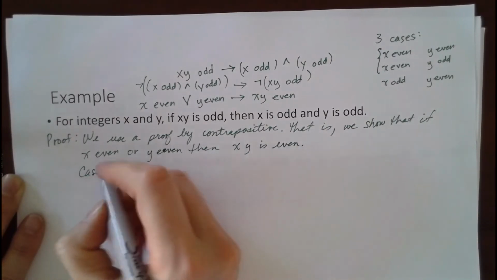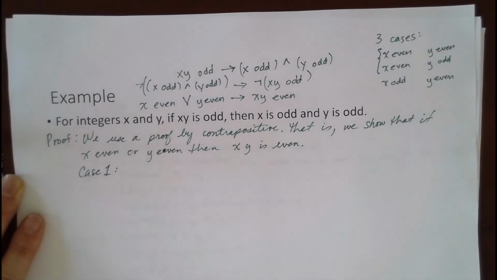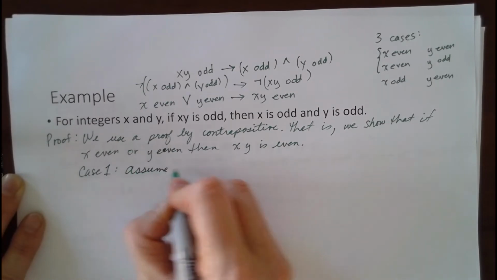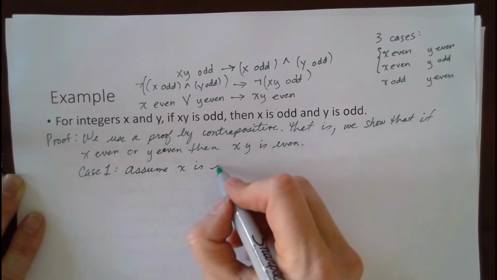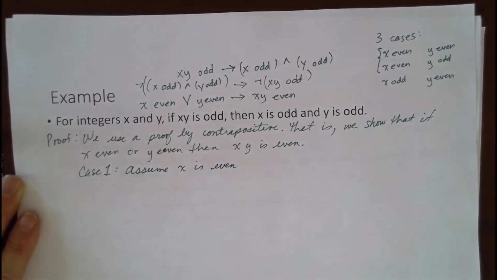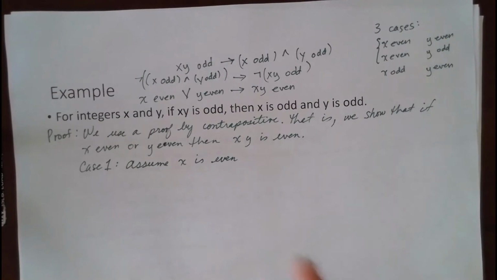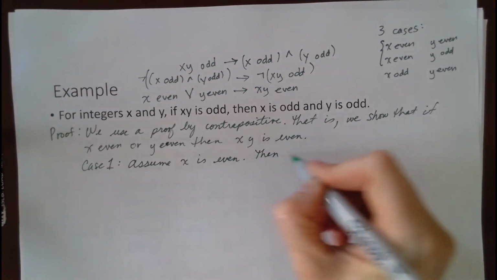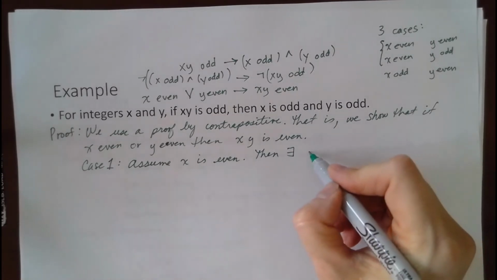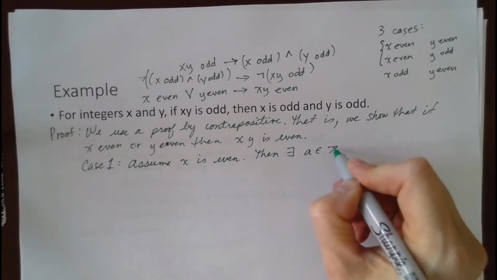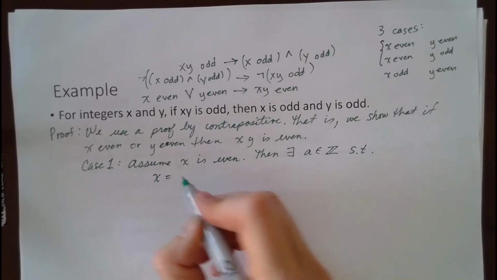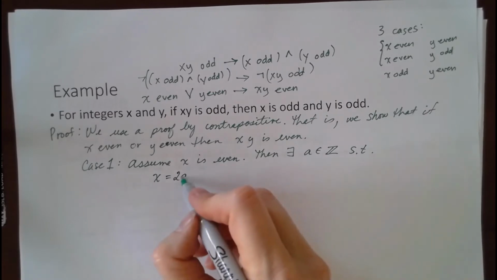All right, so here's case one. In case one, we assume x is even. So then there exists an integer, we'll just call it a, such that x equals 2 times a.